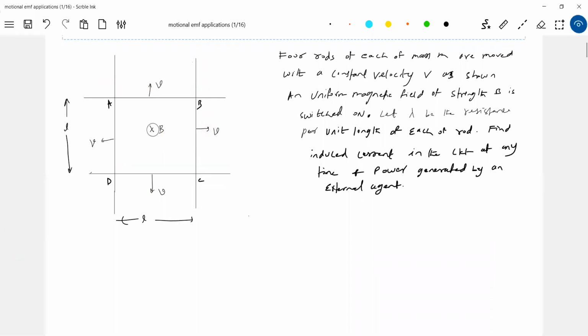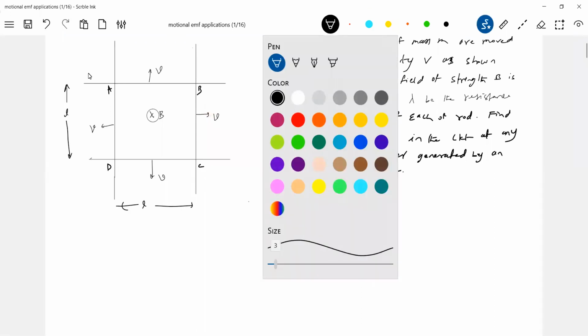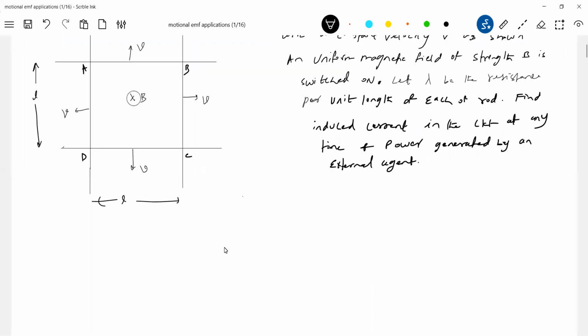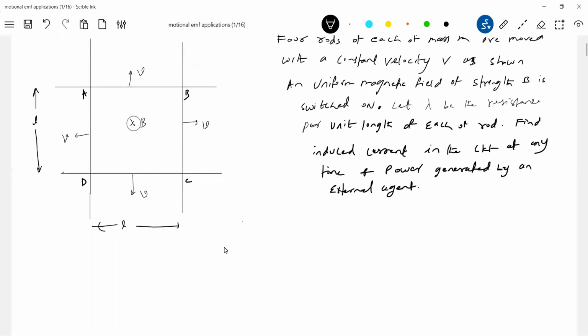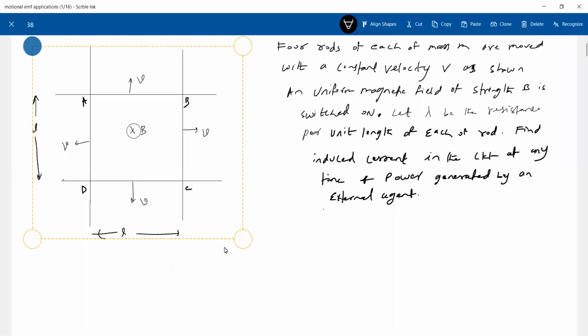So we should take help of the diagram now. Okay, read the question.